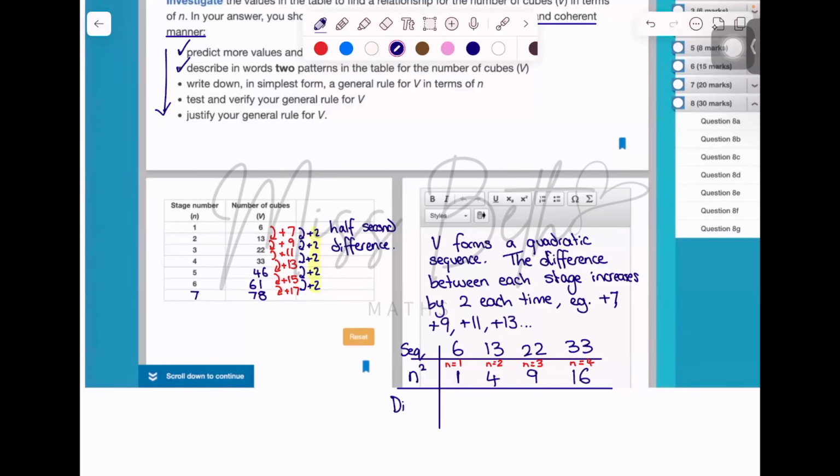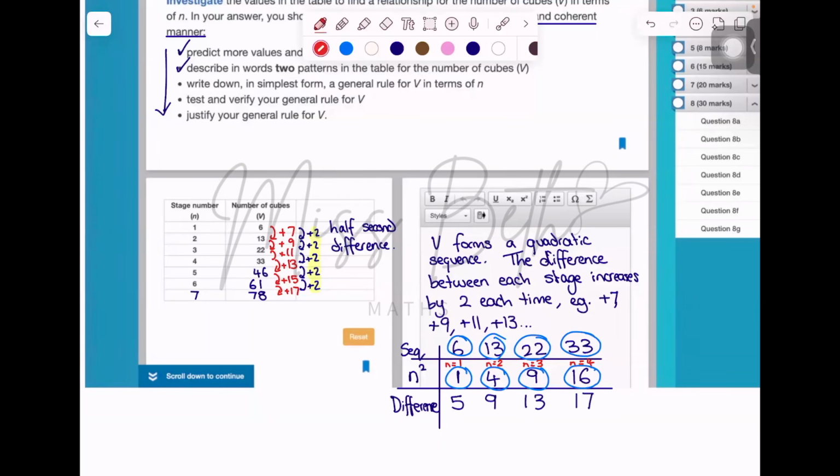And of course, we want to work out what the difference is. So we subtract. So 6 take away 1 leaves me with 5. 13 take away 4 leaves me with 9. 22 take away 9 leaves me with 13. And then 33 subtract 16 leaves me with 17.